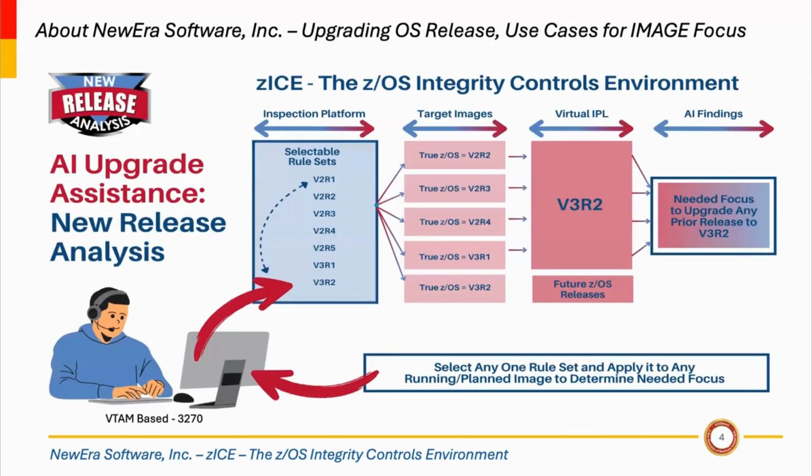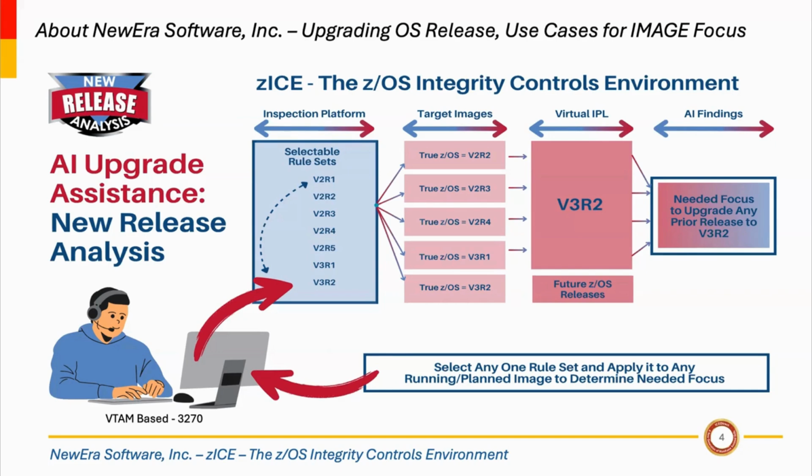So here's a couple of use cases that I think you'll find interesting. The first one here is our user, our system programmer, sitting at a 3270 terminal, having logged on to the VTAM application that is the interface to the integrity controls environment.